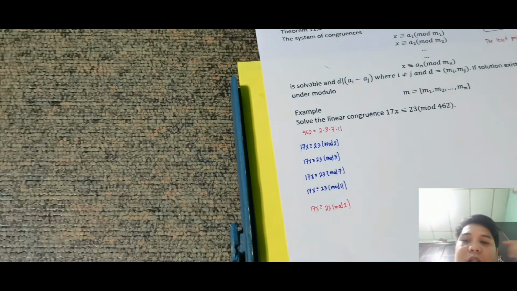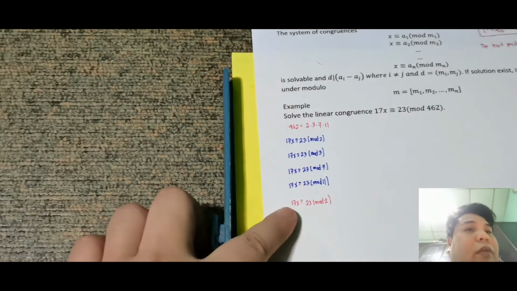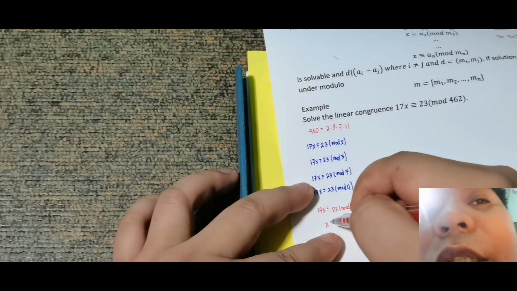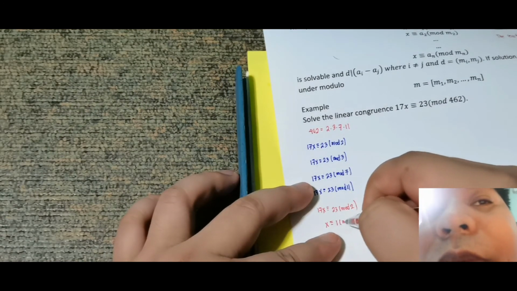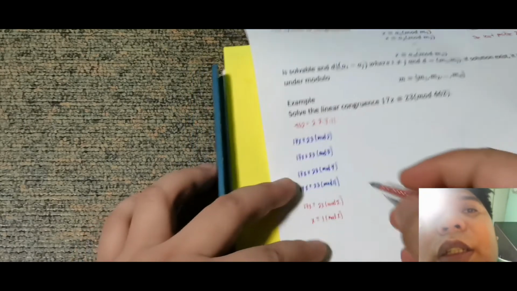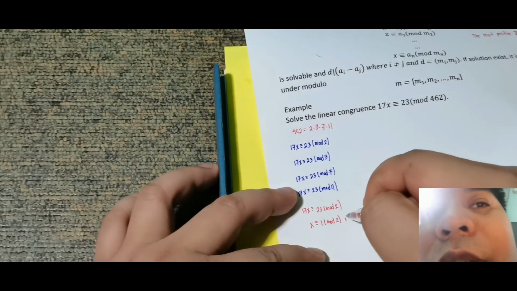So paano ba natin gagawin yan? Obviously pag continuous ko siyang dinivide by 2, may remainder 1. So this is equivalently x congruent to 1 mod 2. So okay tayo dyan. Okay, next is, so ito yung isa, equation 1.